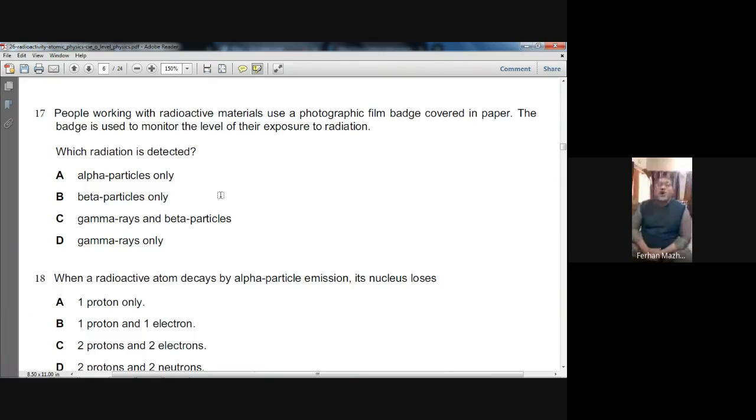It can be used to detect the gamma and the beta. So C, the alpha particle, is the right choice.